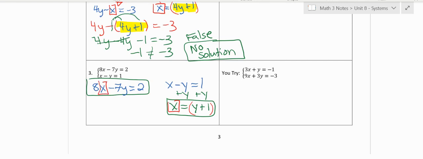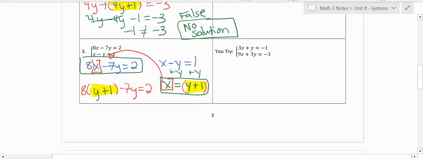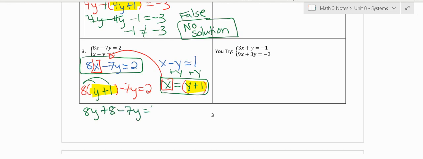So in my first equation, I'm going to rewrite it, but in place of x, I'm going to write y plus 1. We're then going to go ahead and distribute. We get y plus 8 equals 2.